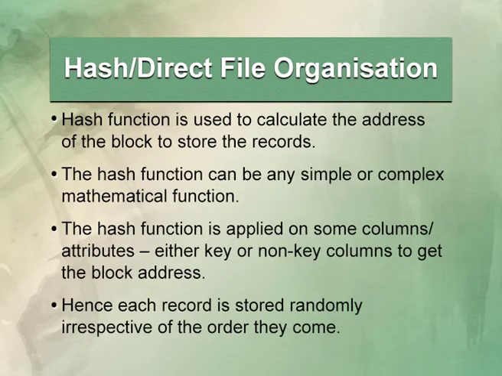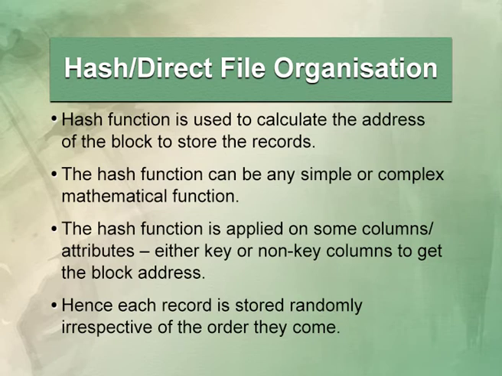The key value in the table is used, and the mathematical function works on that key value and calculates the address in the storage. The hash function is applied on some column attributes, either key or non-key columns, to get the block address. Hence, each record is stored randomly irrespective of the order in which they come.